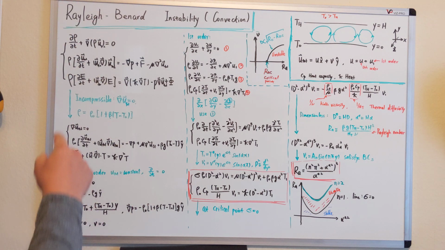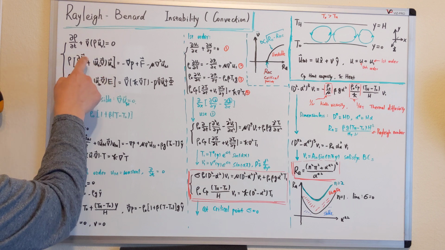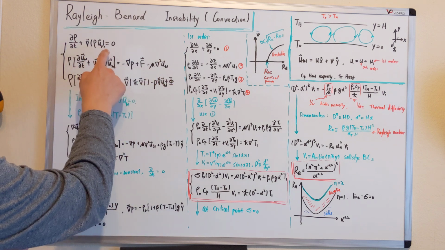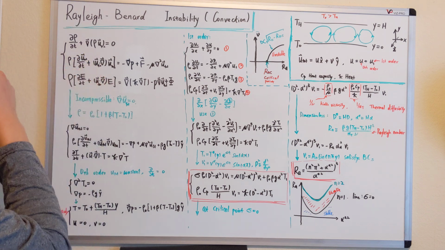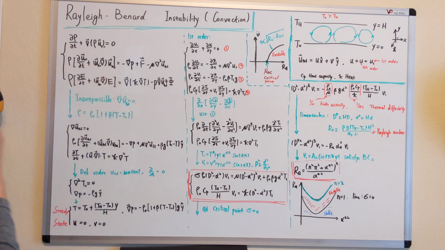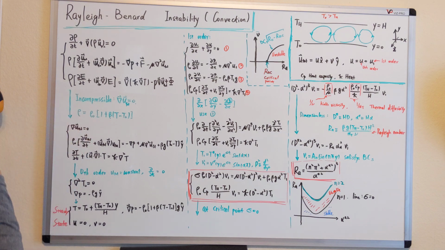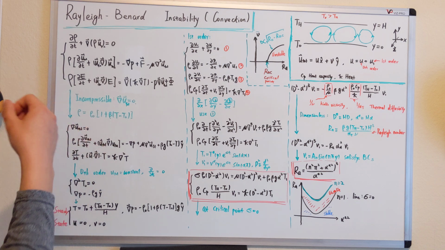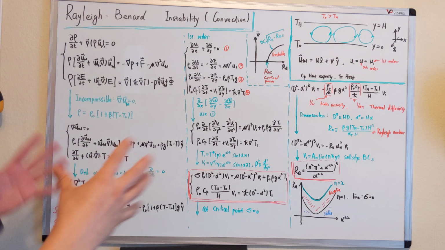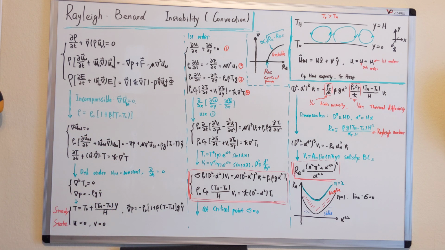So let's look at the overview. We have a set of equations. It's basically the fluid equations: zeroth moment, first moment, second moment. So continuity, conservation of momentum, and the energy equation, and we impose incompressibility of the fluid.